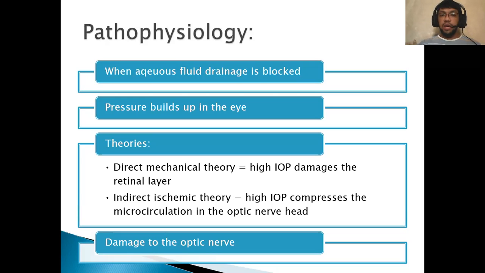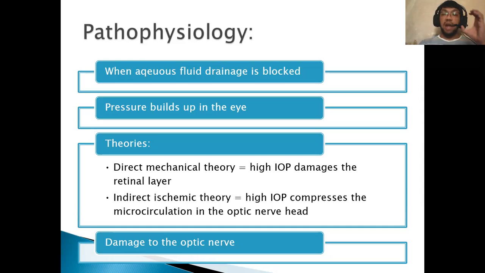The theory for why there is blockage of aqueous fluid drainage is the direct mechanical theory, where high intraocular pressure leads to damage in the retinal layer of the inner eye, or the indirect ischemic theory, where high IOP compresses the microcirculation of the optic nerve head. That's why the optic nerve is also involved, and it leads later on to damage to the optic nerve due to the high intraocular pressure.